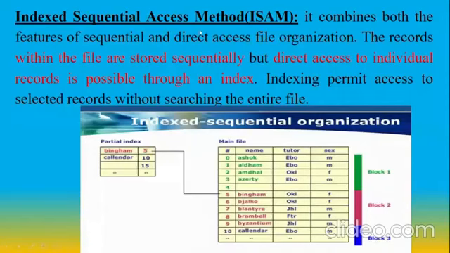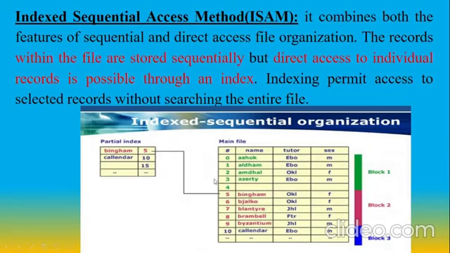Okay, let us see the last method, that is index sequential access method or ISAM. It's very important; for 5 marks or 3 marks it may be asked. It combines the features of both sequential and direct access file organization. The records within the file are stored sequentially, but direct access to individual records is possible through an index. Indexing permits access to selected records without searching the entire file.